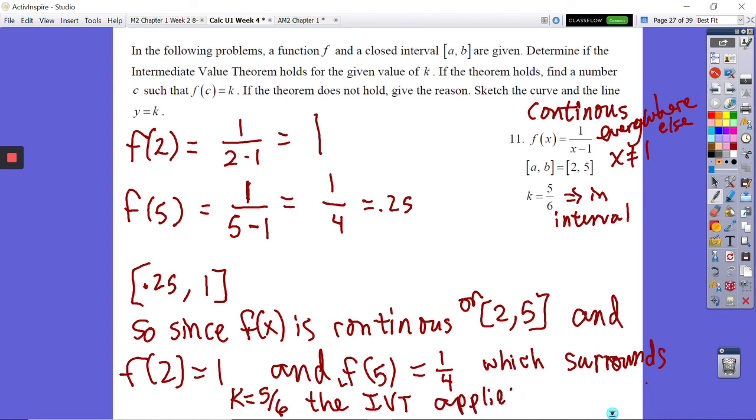So now we have to figure out what C is. So when f of C equals 5/6.